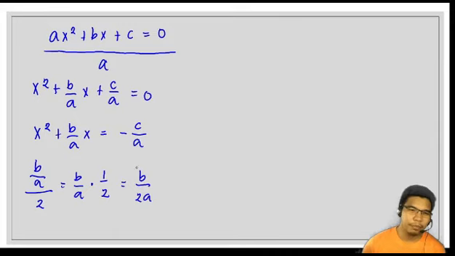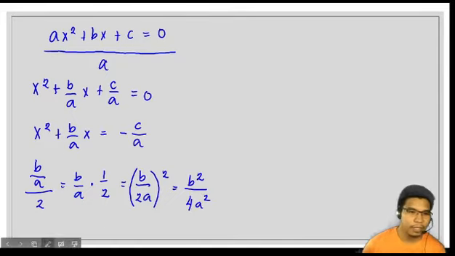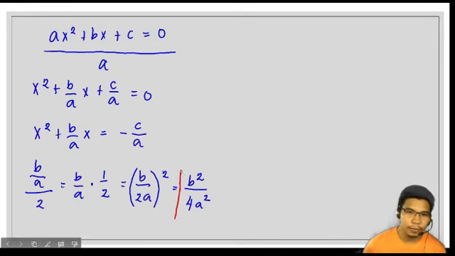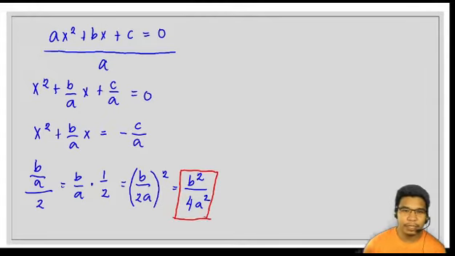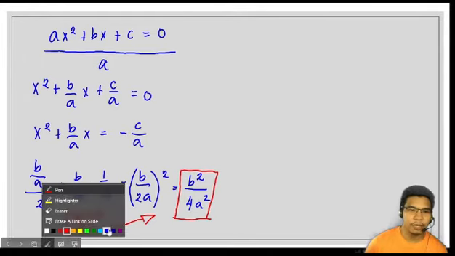And then, after dividing by 2, we get its square. So, after getting the square, we have b squared all over 4a squared. So, yung nakuha ngayon natin dito, natandaan nyo yung formula, yung b over 2, quantity squared. So, ito yon. So, yung nakuha natin dito, yun yung i-add natin both sides of the equation.